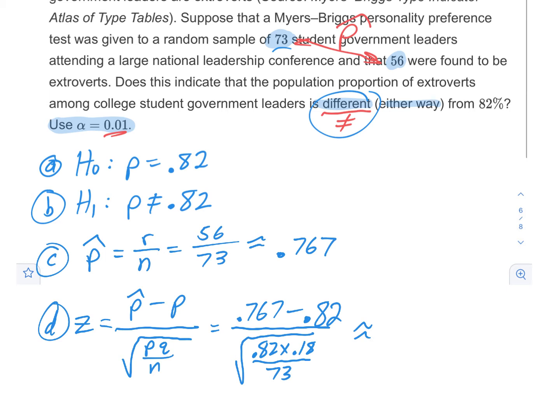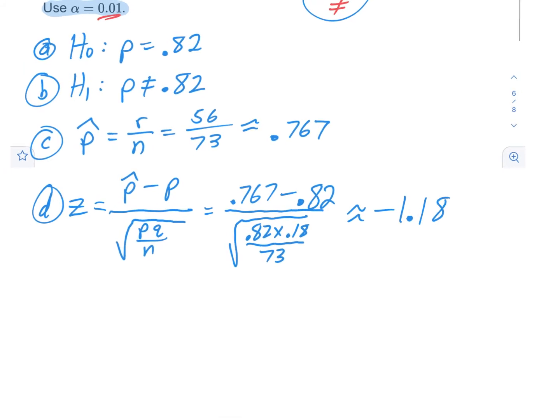Everybody should know that a z-score is 2 decimal places, so this comes out to negative 1.18. Null hypothesis, alternate hypothesis, P hat to 3 decimal places, test statistic Z.